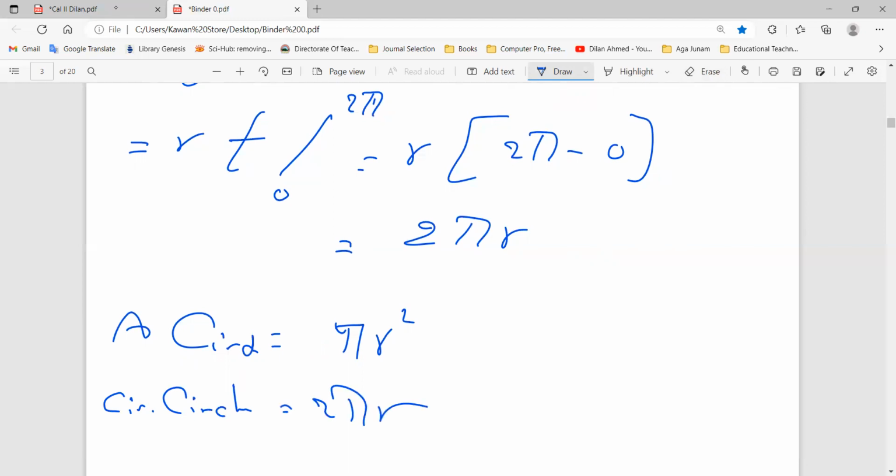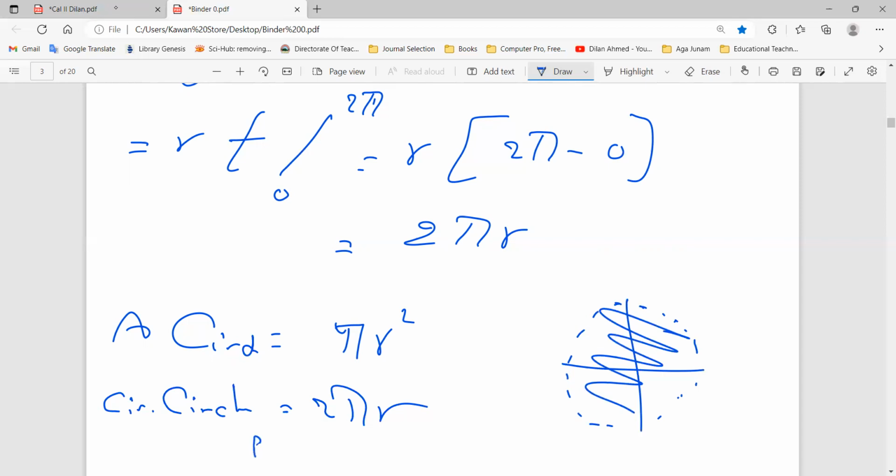It is the derivative of the previous one. So now we show where the rules come from. This is the circumference. For a circle, we say circumference. For other shapes, we say perimeter, right? So be careful. This is the circumference. That one is area.